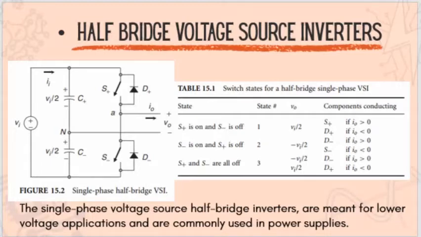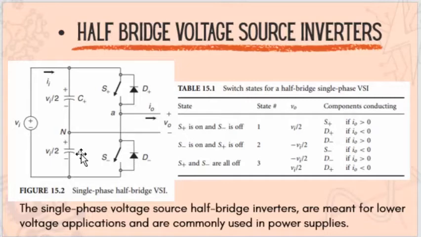Figure 15.2 shows the power topology of the half-bridge voltage source inverter, where two large capacitors are required to provide neutral point N, such that each capacitor maintains a voltage Vi divided by 2. Because the current harmonics injected by the operation of the inverter are low-order harmonics, a set of large capacitors is required, C plus and C minus, or C1 and C2.